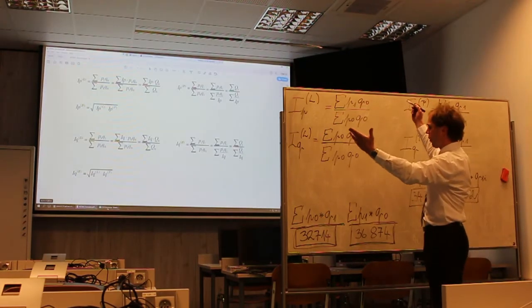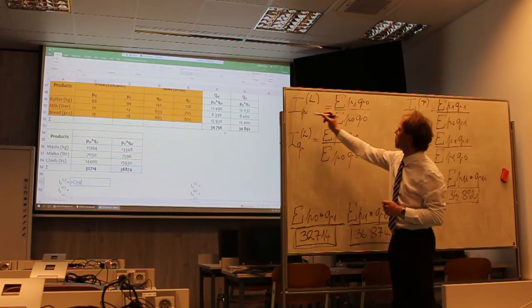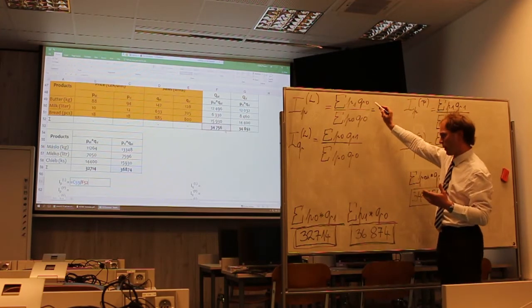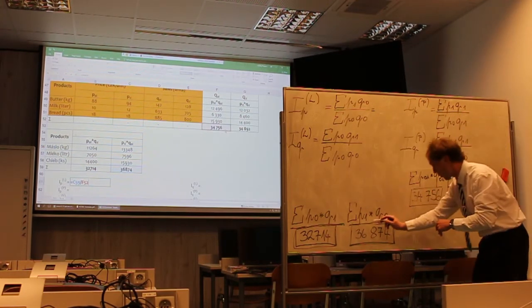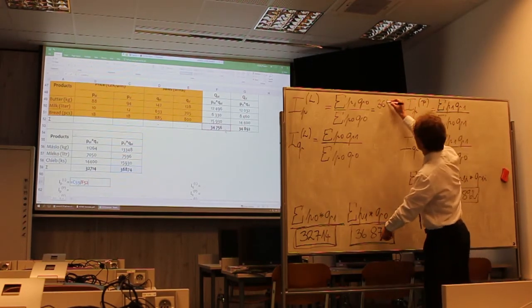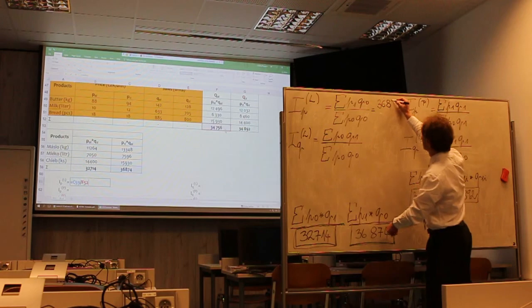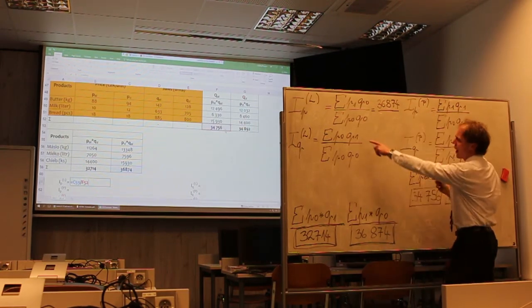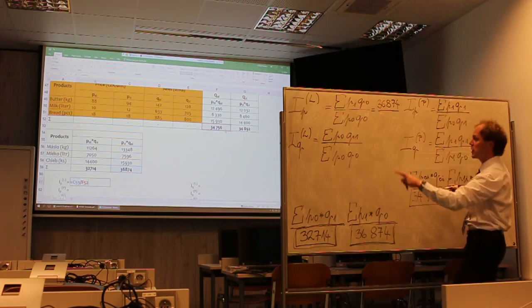So we'll calculate this. Last pairs price index will be a ratio P1 Q0. Where's P1 Q0? Here. 36,874 divided by P0 Q0.